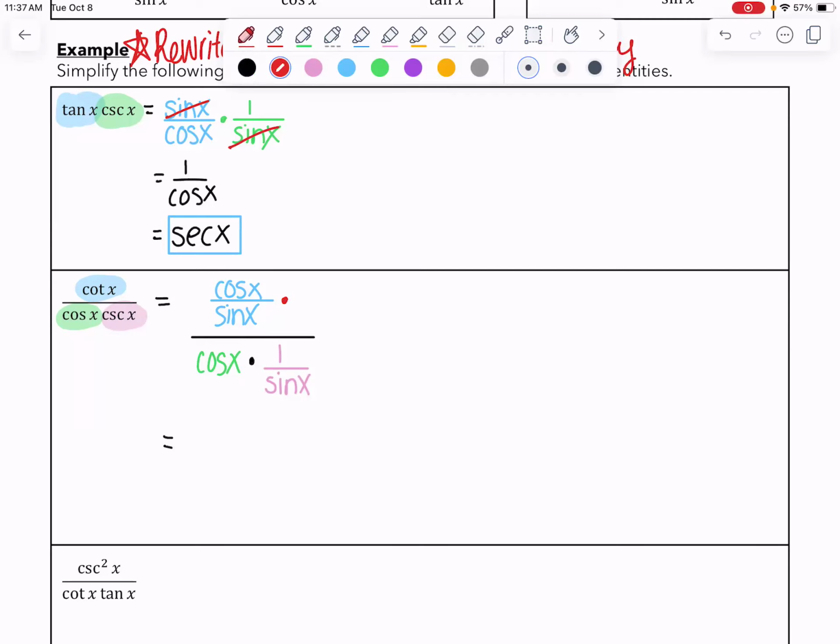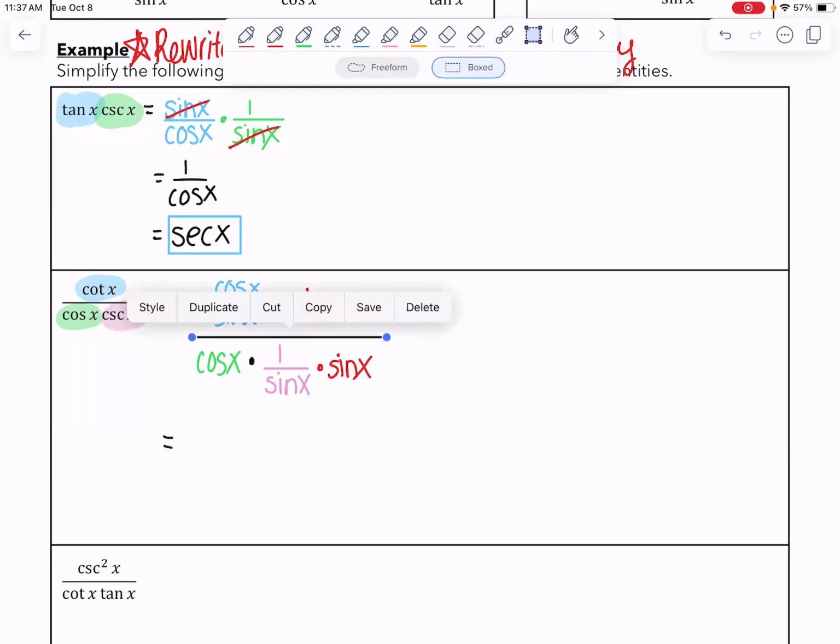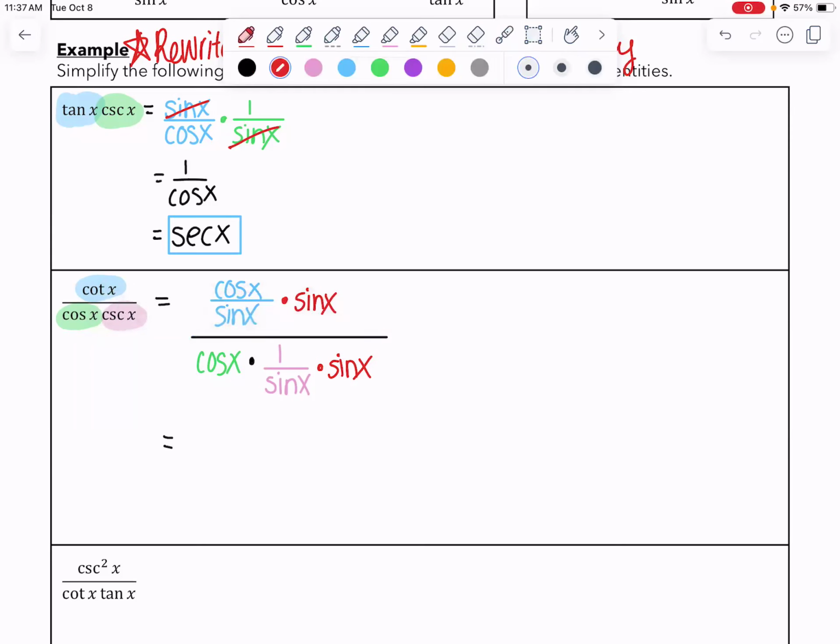But if you wanted to do a tiny bit of algebra here, you could multiply the numerator and the denominator of the big fraction by sine x. That would cancel the denominator there. This would give you cosine x divided by cosine x, which is very obviously 1. Boom.